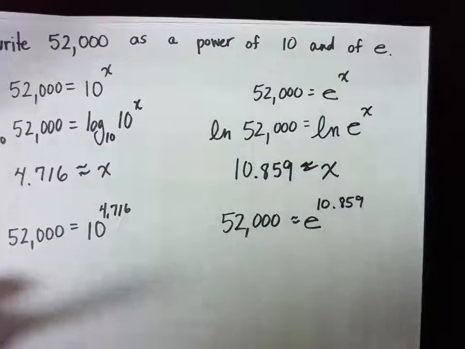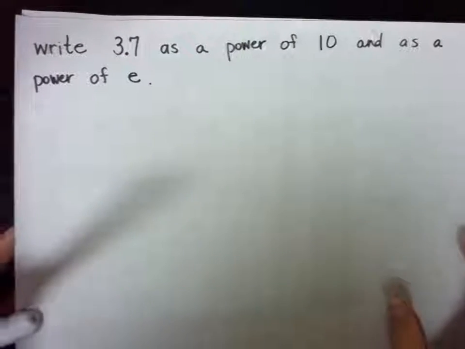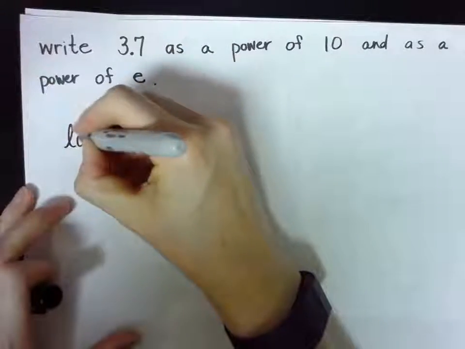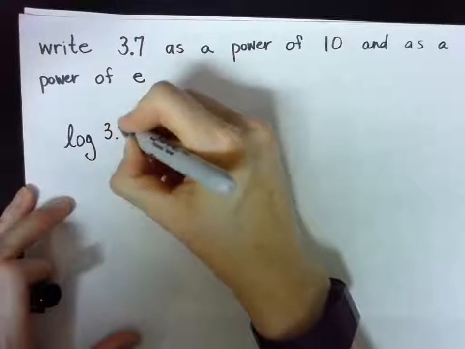Alright. So let's do another one of these. If we had to write 3.7 as a power of 10 and as a power of e, just like before, to write as a power of 10, we just need to find out what log of 3.7 is.